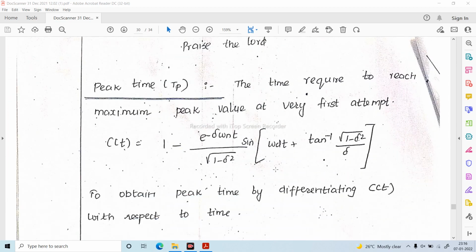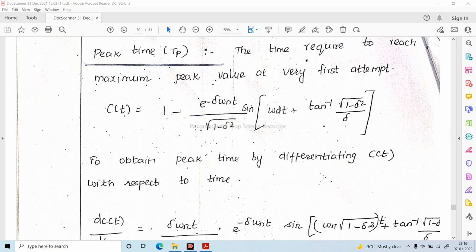Next I am going to explain the derivation of the peak time. Peak time is the time required to reach the maximum peak value at the very first attempt. In this derivation also, we have to take C of t as 1 minus e power minus delta omega n into t divided by square root of 1 minus delta square, sine of omega d t plus tan inverse square root of 1 minus delta square by delta.